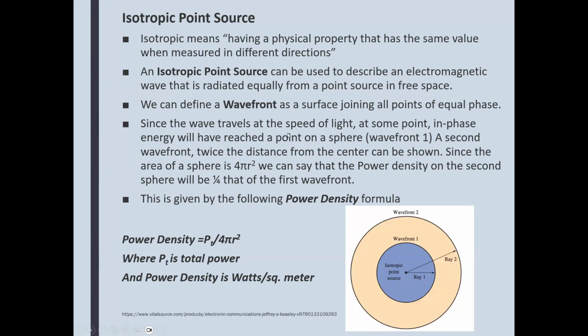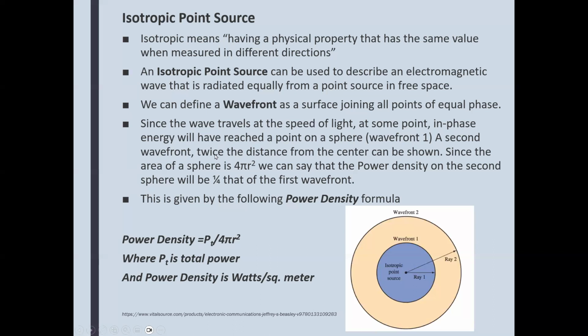Since the wave travels at the speed of light, at some point in-phase energy will have reached a point on the surface of a sphere. Wave front 1. Because it travels outwards, at some point it will reach this point, as it will reach any other point at some other point in time.